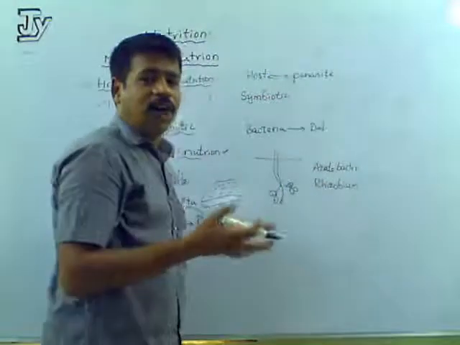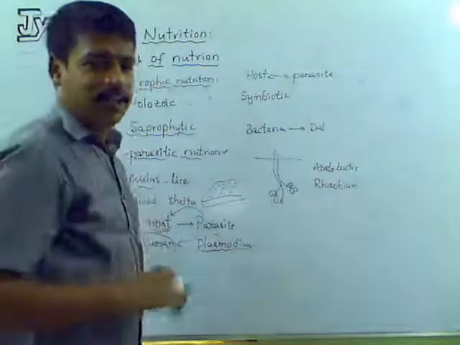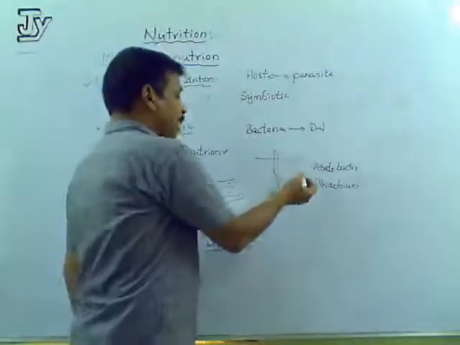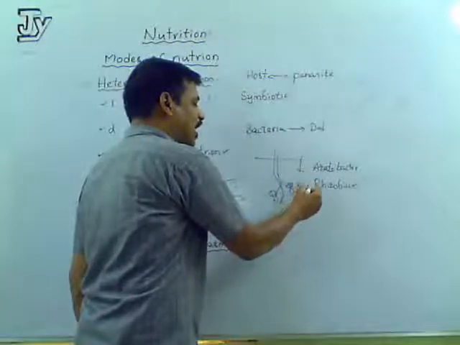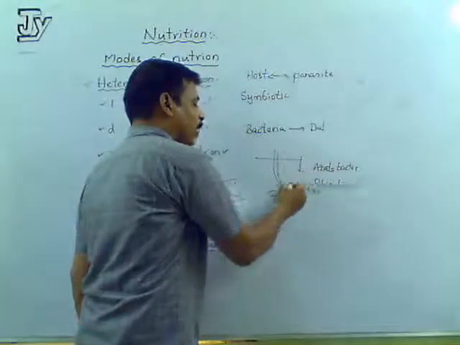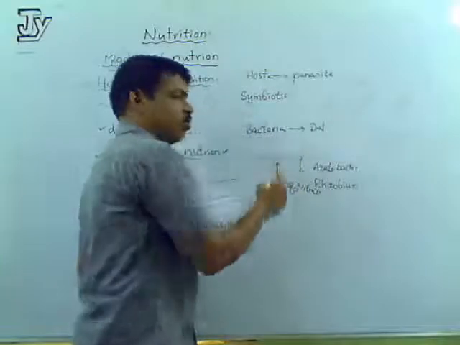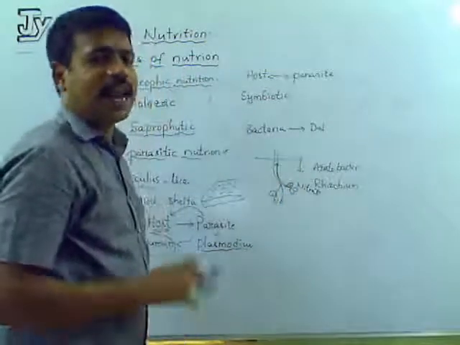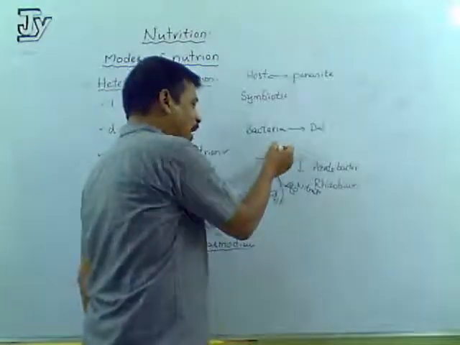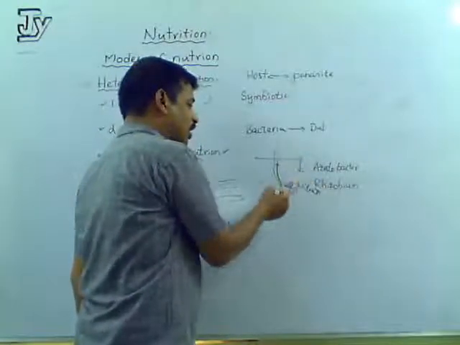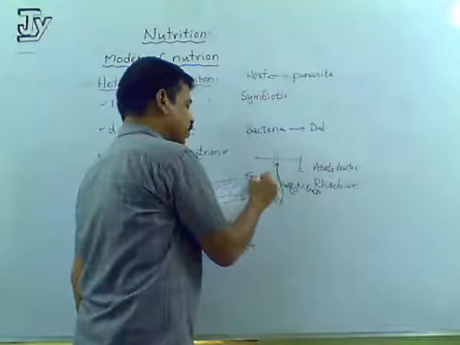And then what do the bacteria do for the plant? The bacteria fix gaseous nitrogen into nitrates, and only then can the plant use nitrates for its activities. In return, the plant gives the bacteria food and shelter.